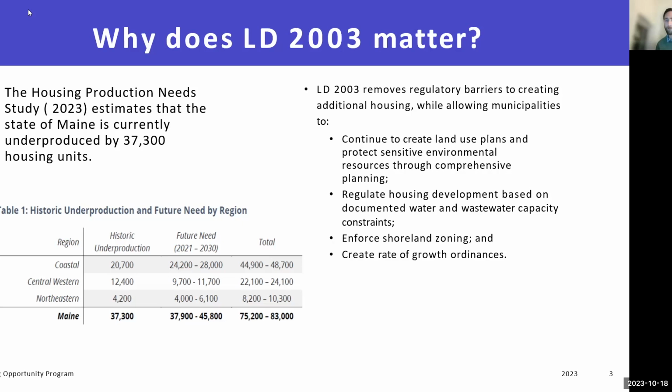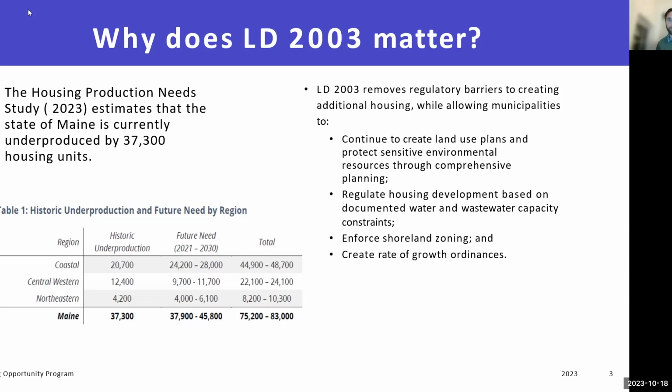It estimates that we currently have an underproduction of about 37,000 units across the state, and that by 2030, we're expecting that we would need 75,000 to 83,000 units. We knew pre-pandemic that we were having a housing problem and a shortage of units across the state, and it has only gotten worse since the pandemic started.